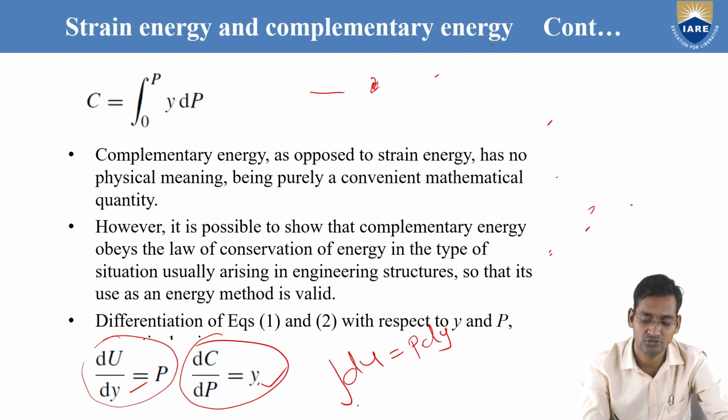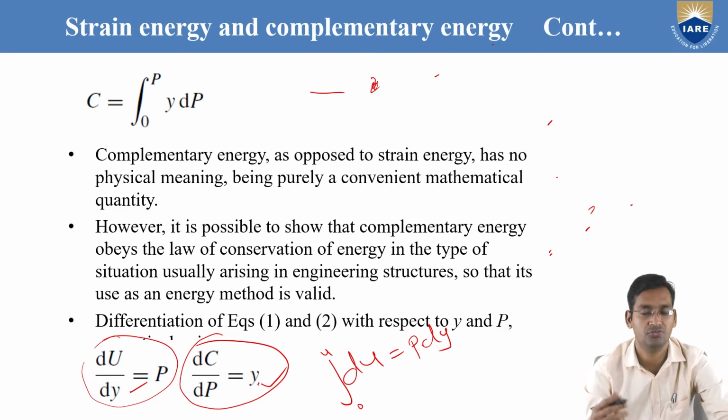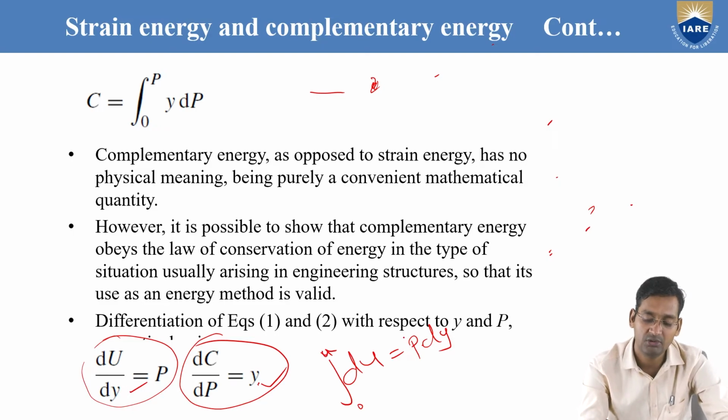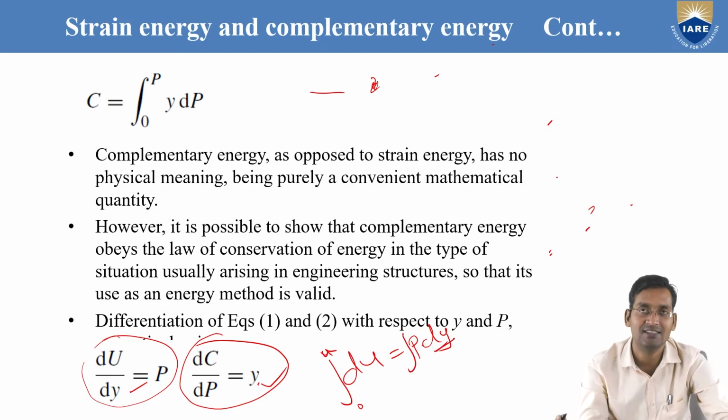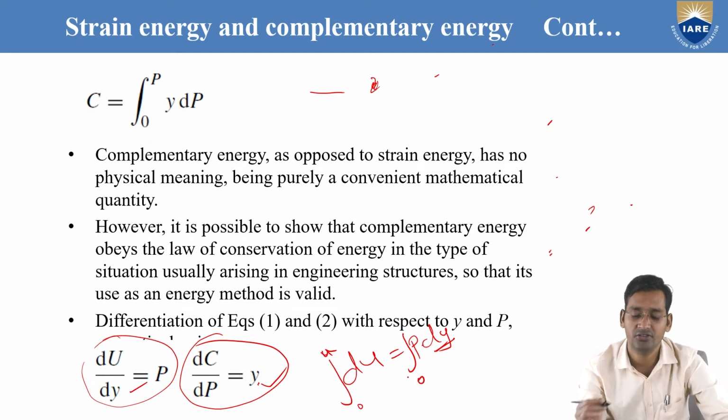On the left side, this is also 0 to U, because earlier there was zero energy, since without deflection there is no stored energy. Once deflection starts, the stored energy starts increasing up to U. Similarly here, the deflection increases from an initial value of 0 to a final deflection y, so 0 to y.